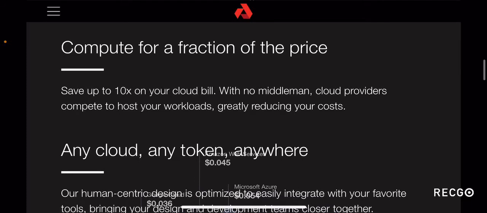Again, offering cloud-based service solutions is going to be very expensive in a centralized environment, but you can use Akash Network to save 10x on your cloud bill, whereby you won't be managed by a middleman, and you will also have cloud service providers compete to process your workloads, which will reduce the cost for using the cloud space, thereby creating a much more feasible and long-term cloud solution, right, with Akash Network.